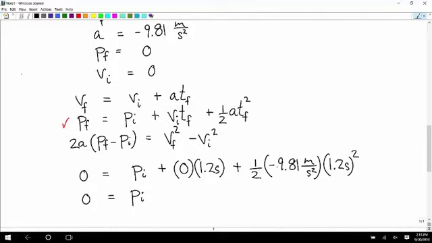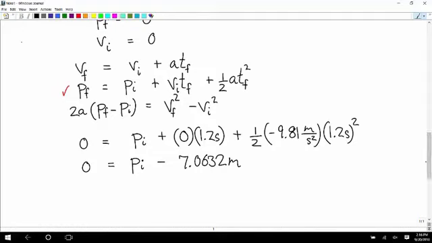can someone multiply that for me? It's 4.905 times 1.44. 7.0632 meters.